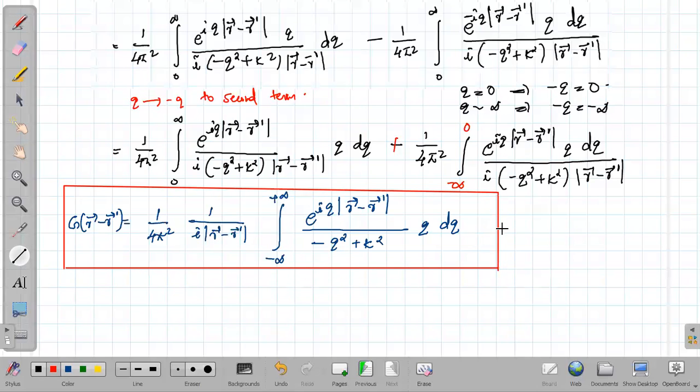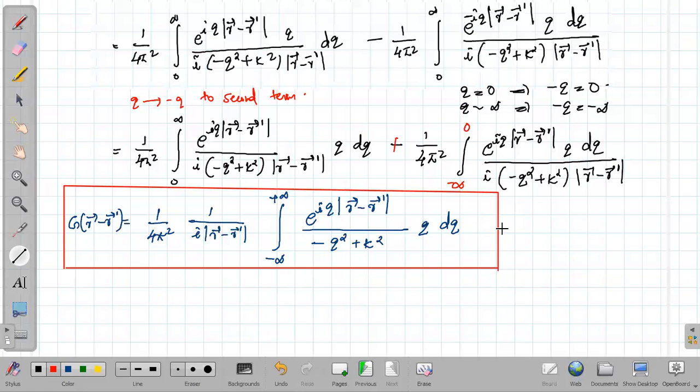So now we have got the expression for the Green's function, but it is not the final result, because we have to do this integration. Okay, now how to perform this integration? Performing this integration is not very straightforward. We have to use a complex analysis technique to do that, because the integration comes with the exponential e raised to i.